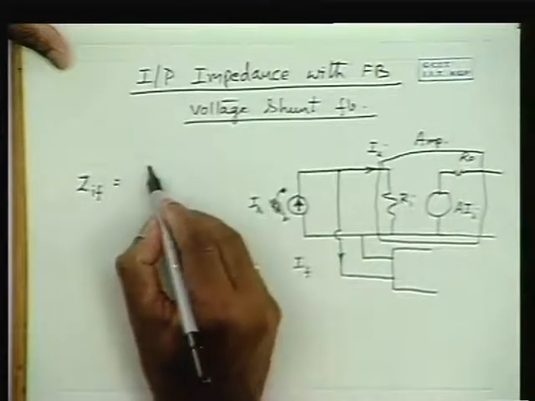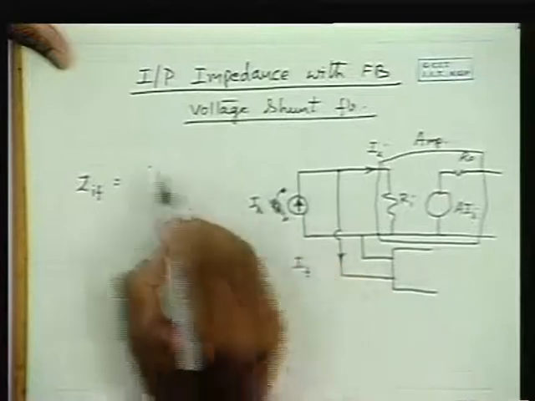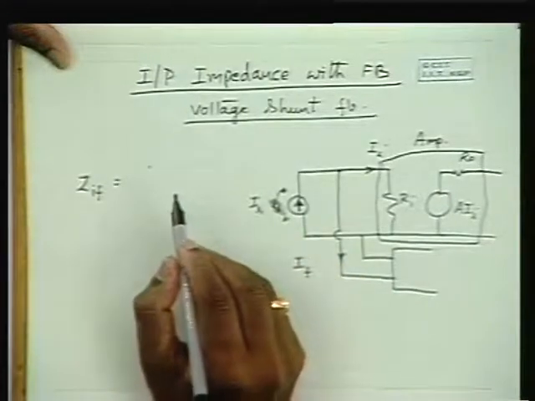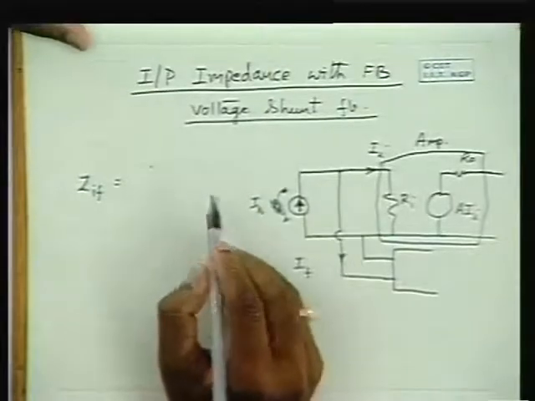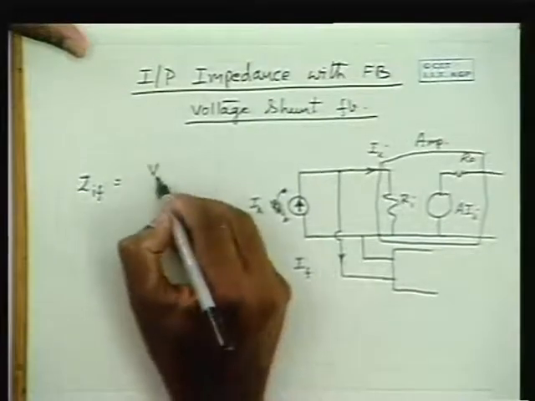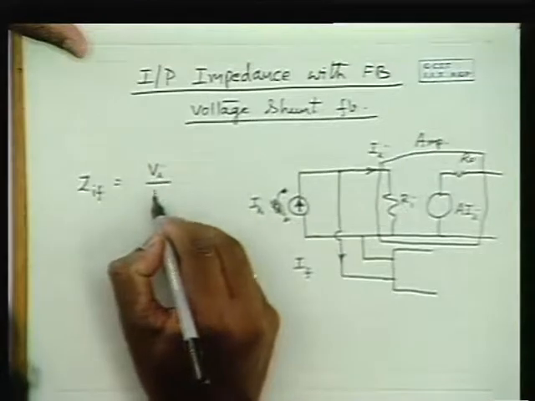Now we can determine Zif or Rif by applying an input signal, determining the voltage that appears across the input terminals, and dividing this by Is.